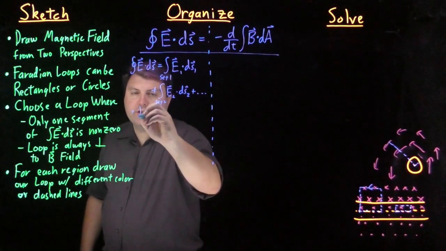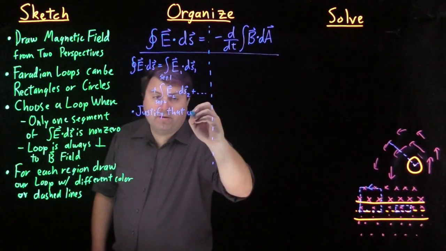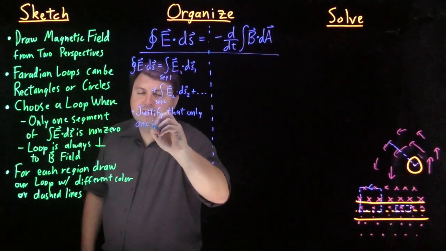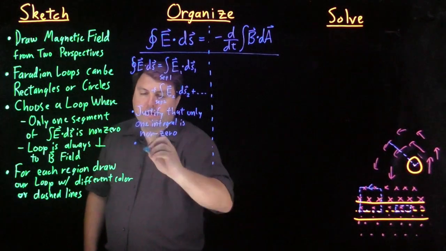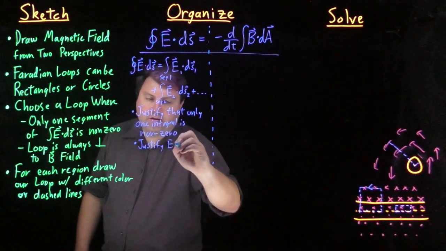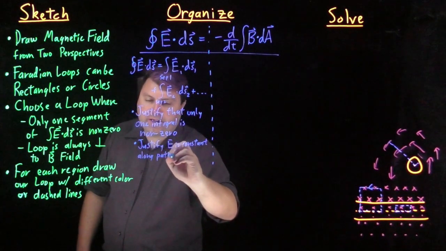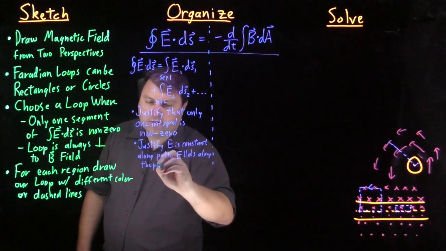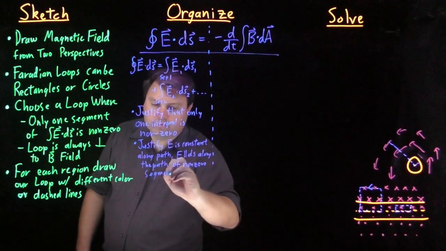So what we want to do is justify that only one integral is non-zero, and justify that E is constant along the path, and that E is parallel to ds along the path of the non-zero segment.